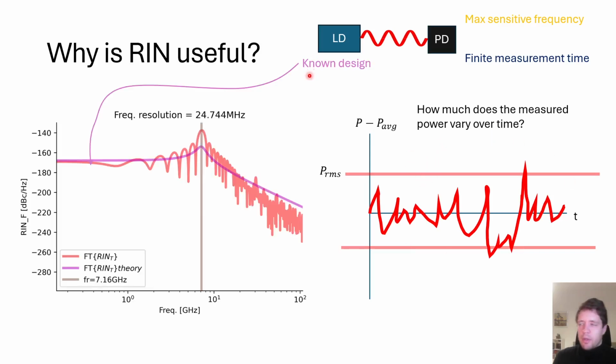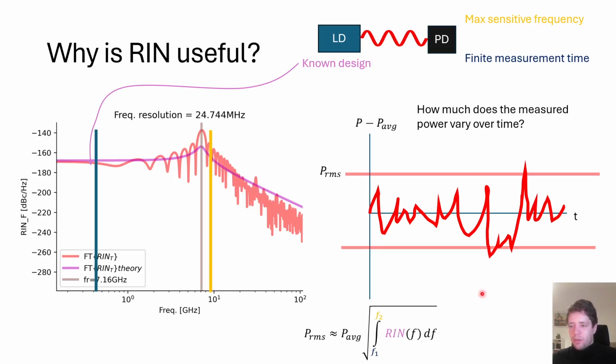Thanks to our knowledge of the response of the photodiode to the supplied current, we can model the theoretical distribution of noise, and then integrate that from the lower frequency, determined by the measurement time, to the upper frequency, determined by the photodiode's bandwidth. Just doing this simple integral will tell us the RMS variation we expect from this laser diode. Then of course we can change the design if it doesn't fit the specifications. Let's give it a tick mark if it's within the limits.